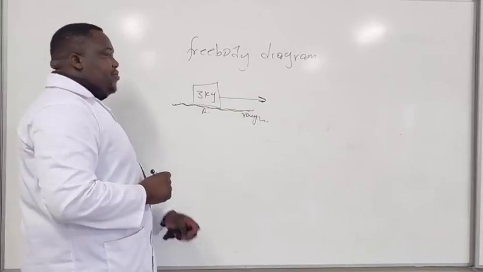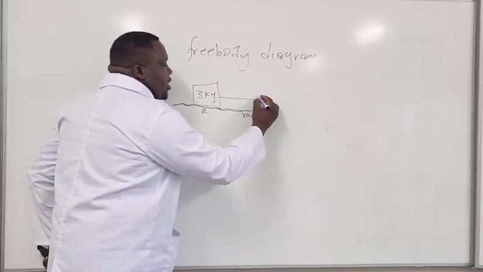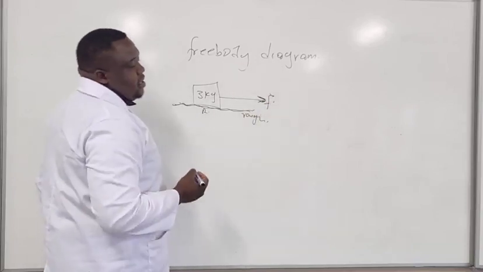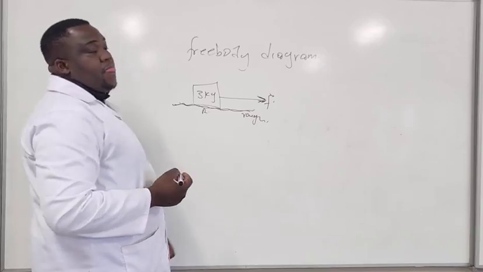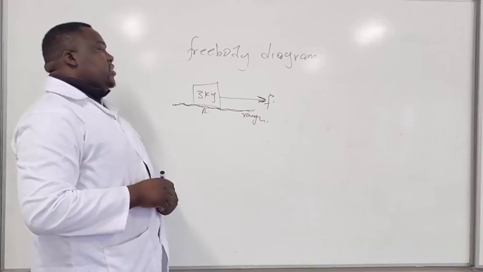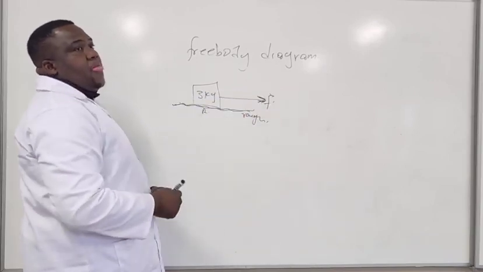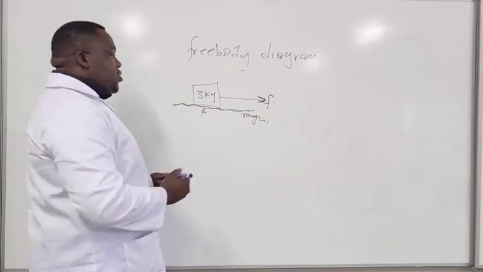The object is moving on the rough surface. There's a force that is applied. Force F is applied to move the object to the right. You can see that the object is going that side. How do we draw a free body diagram for this one?